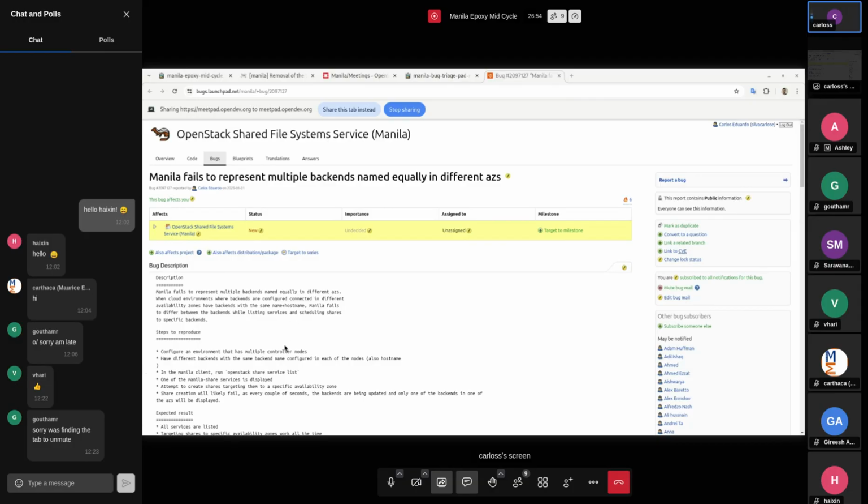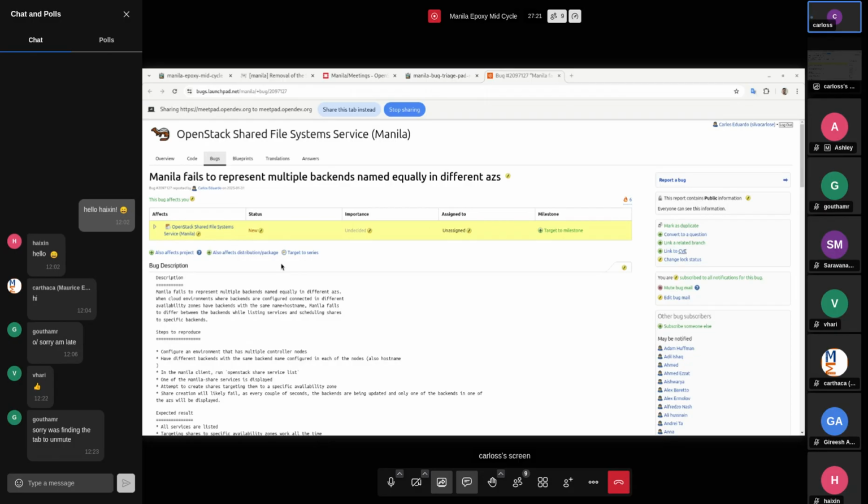So basically, what is happening is we were configuring environments that could be geographically located differently, also known as different availability zones. So we've configured an environment with different availability zones in different nodes, and we had three different Manila share services.